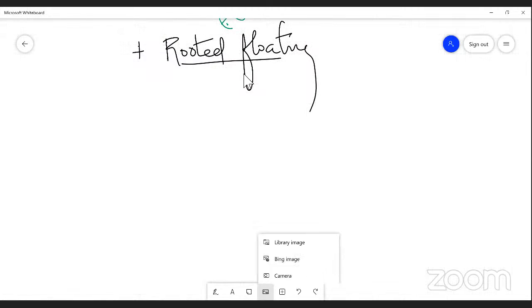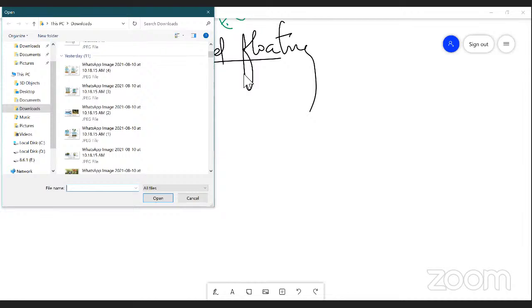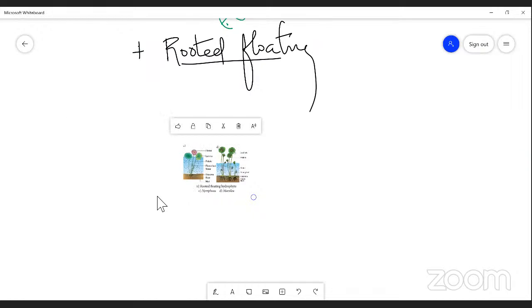Actually, rooted floating I have already explained very clearly. Rooted means the root system is fixed in the soil, and the plant's leaves and branches are floating on the surface, right? That is called rooted floating. This is a right example of rooted floating.